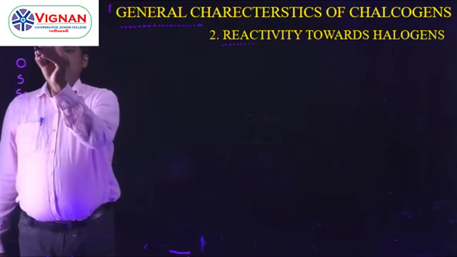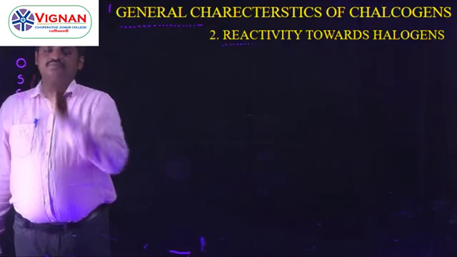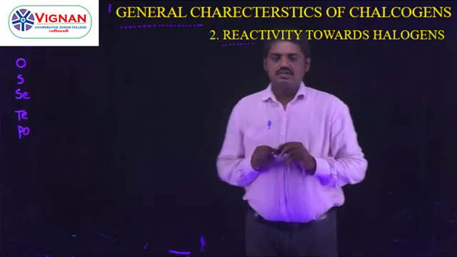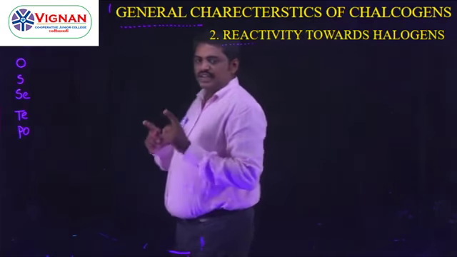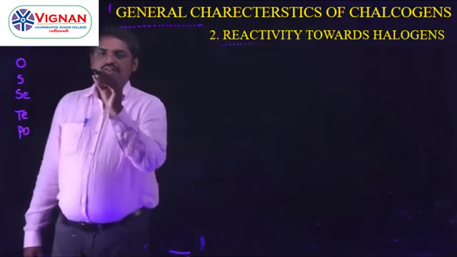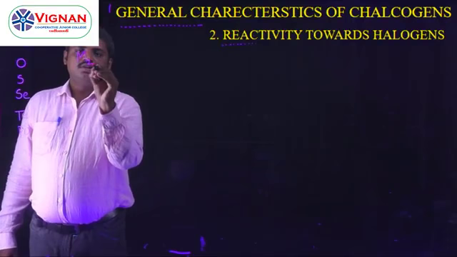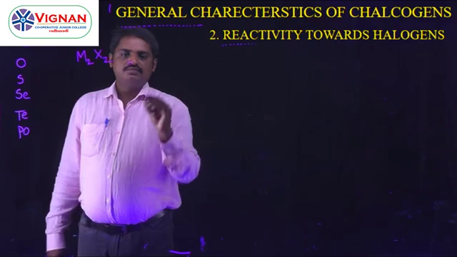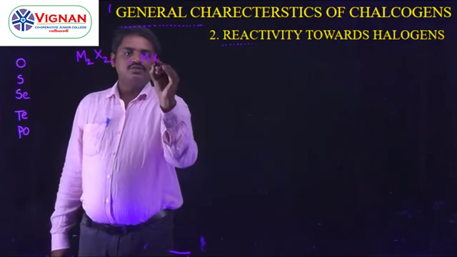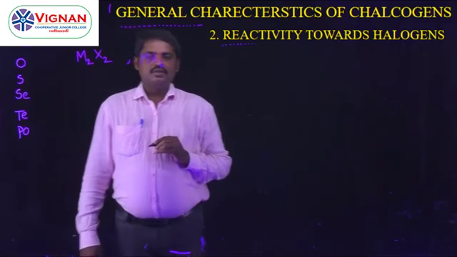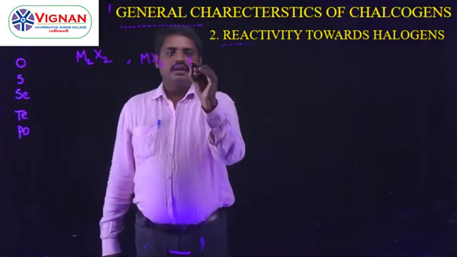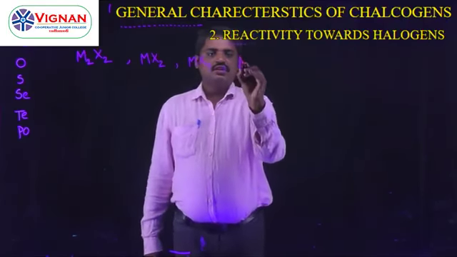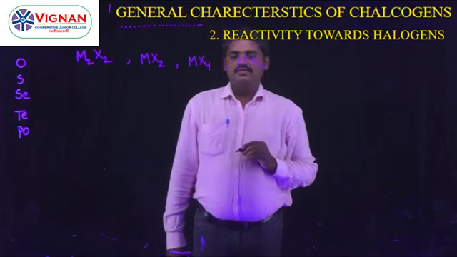These elements are denoted as letter M. These elements react with halogens to form different types of halides. That halides are: first one M2X2 type of halides, and next one MX2 type of halides, and next one MX4 type of halides, and next one MX6 type of halides.